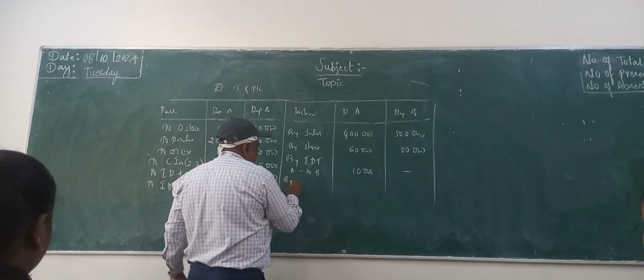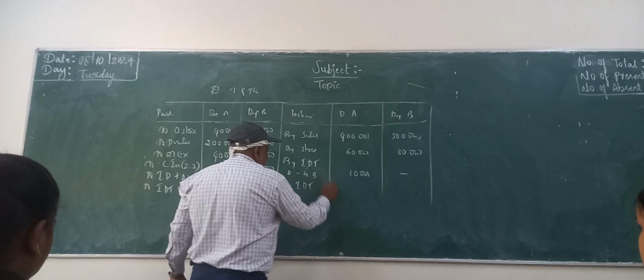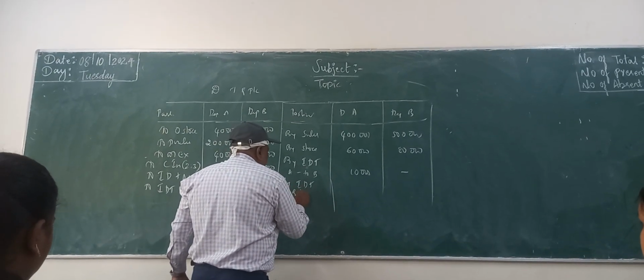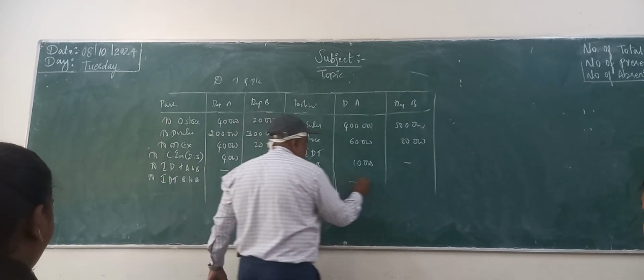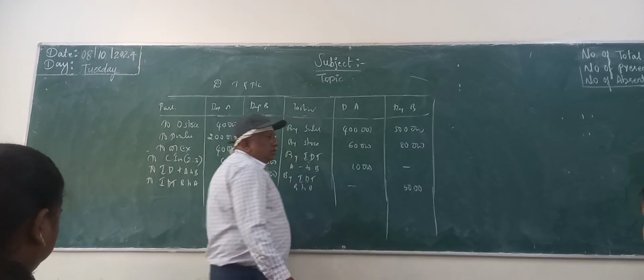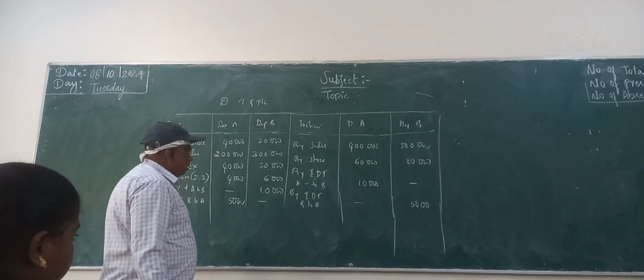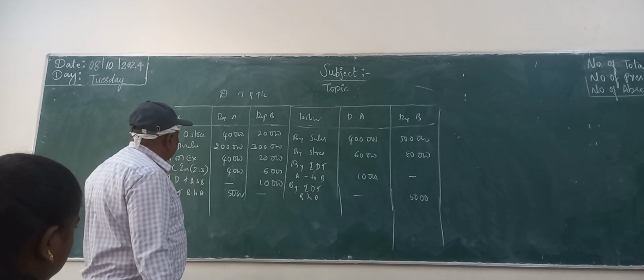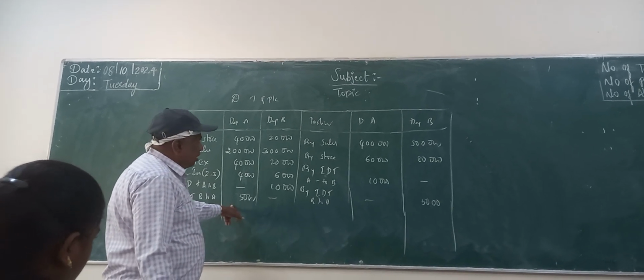So I am writing interdepartmental transfer. B to A. Correct? B to A, A is purchasing, B is selling, right?